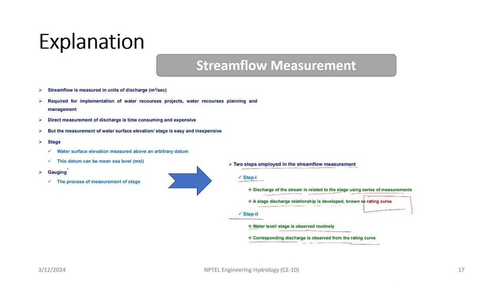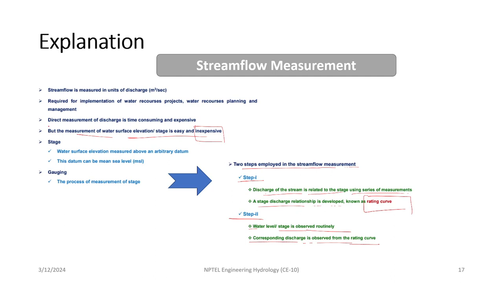Now I guess you may all know these things. One more important line is mentioned here, that if we prefer the stage discharge or rating curve, then it is somewhat inexpensive and also less time consuming.